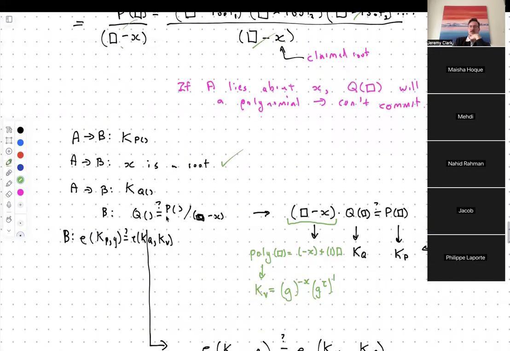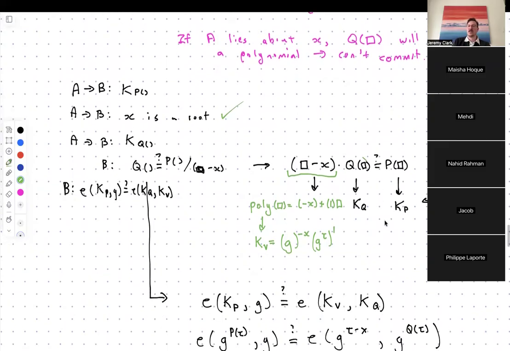And notice that this statement, you can just rearrange it into multiplication. Instead of it being division, you can move this over to the other side of the equation. So equivalently, I'm saying that this multiplied by q will give you this polynomial p. Now, Alice isn't giving the value of p itself. She's not giving the value of q itself.